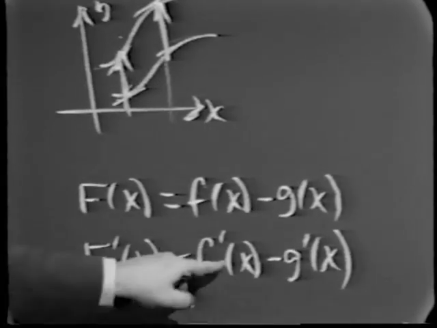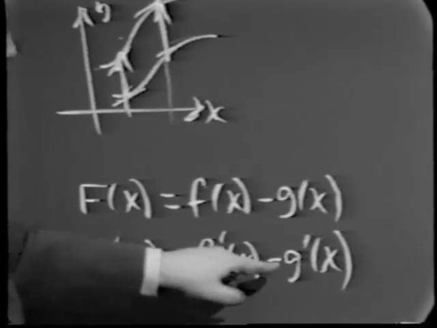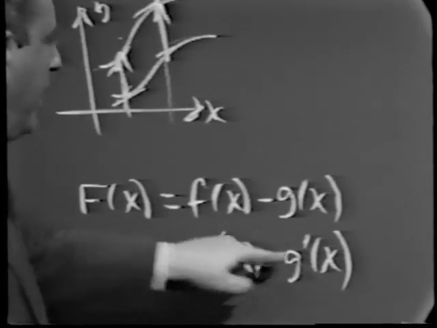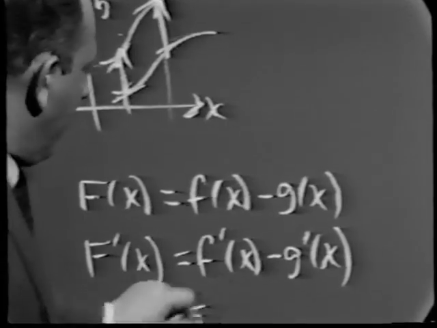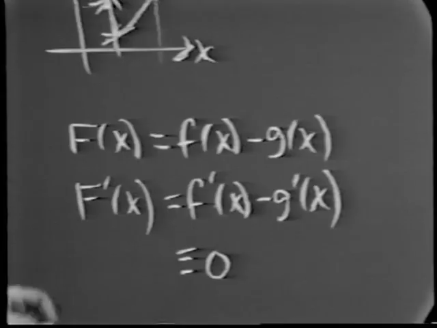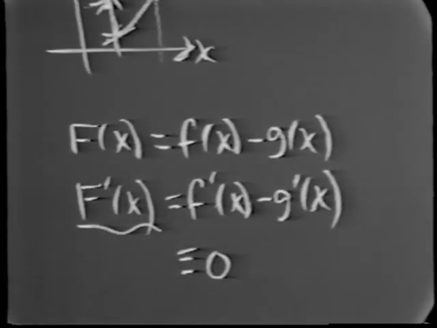Okay? Now, what do we know about f prime and g prime of x? We know that f prime of x equals g prime of x for all x. Consequently, the difference between these two must be 0. Remember, if two functions are identical, their difference is 0. That says, therefore, that capital F prime of x is identically 0.